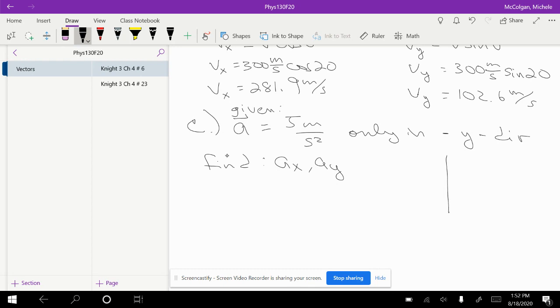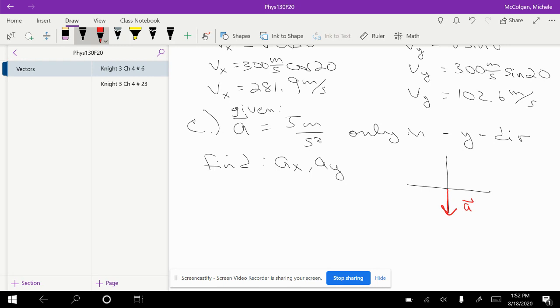So I'm going to just draw that. Okay, so I'm drawing A here, and so if A is 5 meters per second squared only in the negative y direction, that's my A. So this is A.